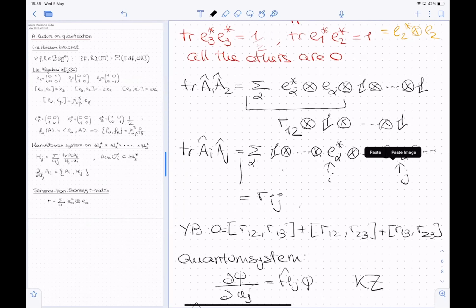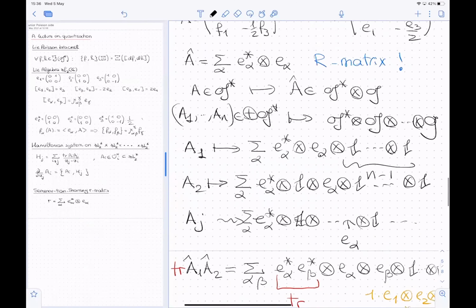The same R matrix is a solution of the associative one, if you consider these brackets like brackets in the Lie algebra associated with an associative algebra, which in this case is just the universal enveloping algebra of SL2.